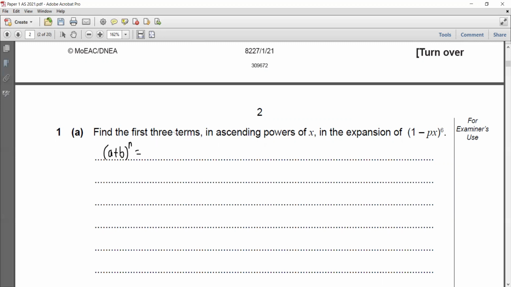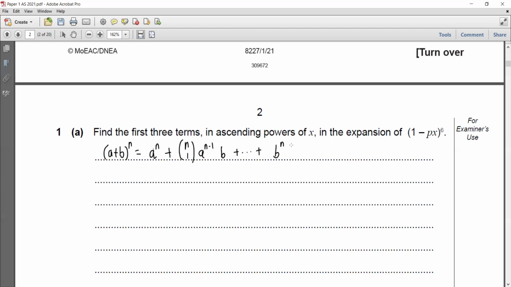This is given as a to the power of n plus n choose 1 multiplied by a to the power of n minus 1 times b to the power of 1. Then you keep going, keep adding until you get to b to the power of n.